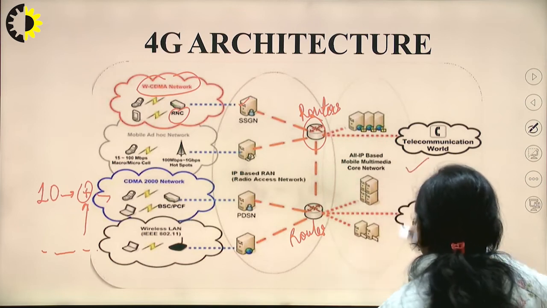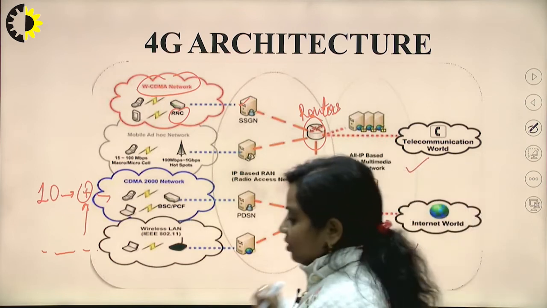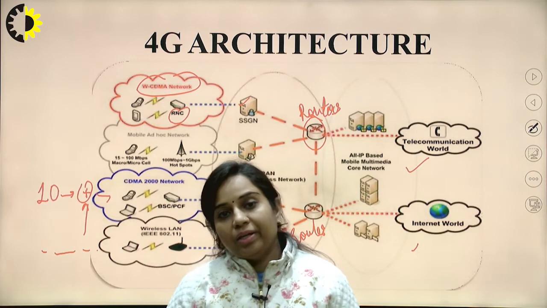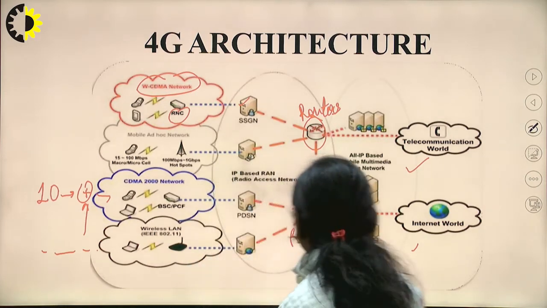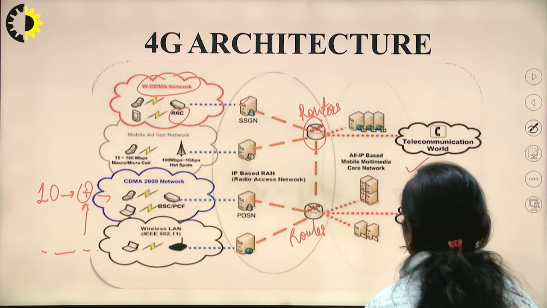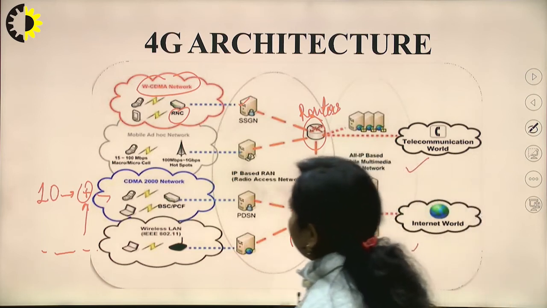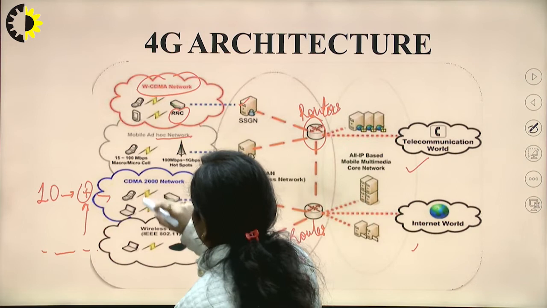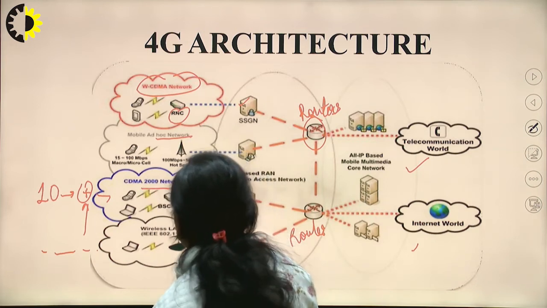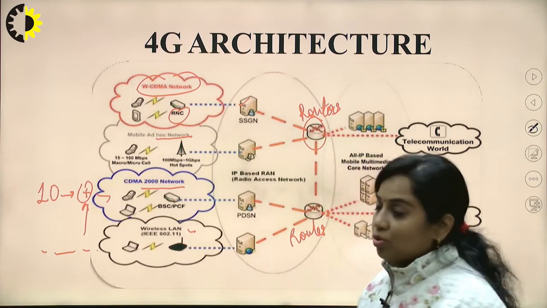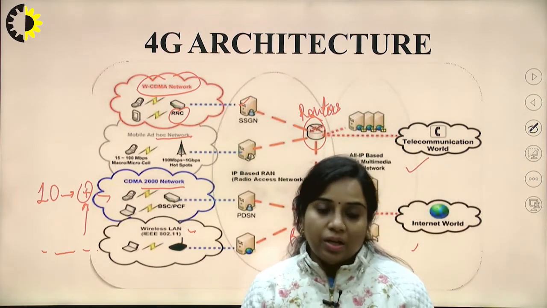This is the telecommunication world and the internet world, which means it will provide connectivity for voice signals and also for the internet. So this is also providing mobile ad hoc network, this is CDMA 2000, this is wireless LAN. So these are the services which are a part of fourth generation architecture.